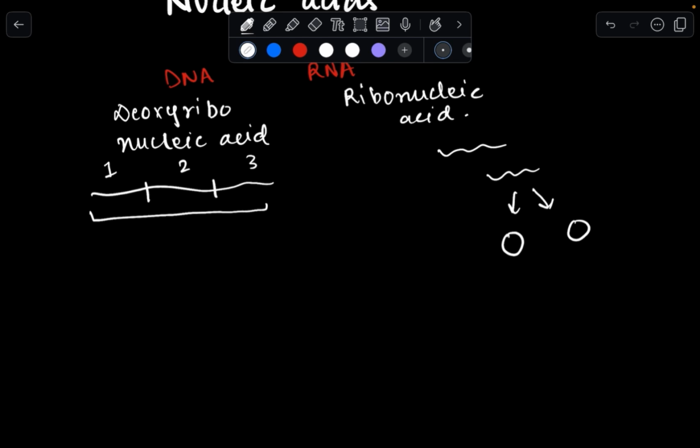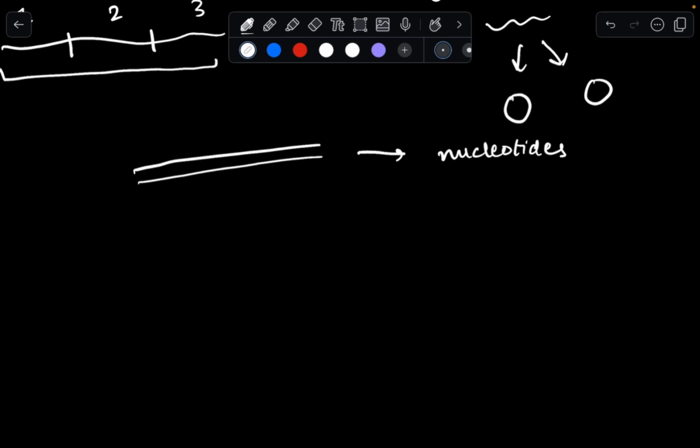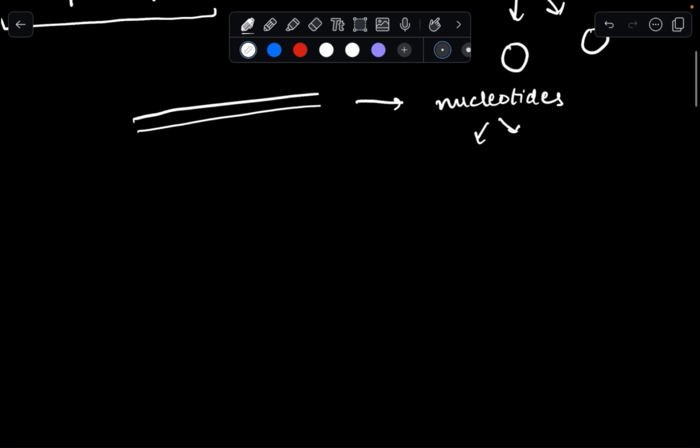So DNA and RNA are linear polymers made up of subunits known as nucleotides. The information in each gene is determined by the order of different nucleotides. There are 4 different nucleotides in each type of nucleic acid, and their order determines the genetic information.